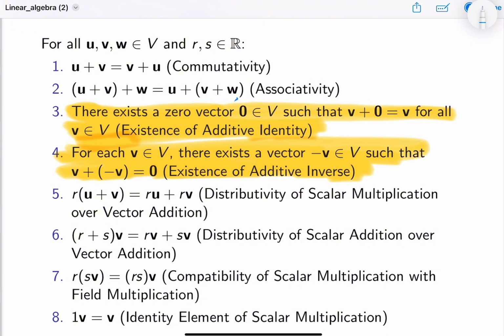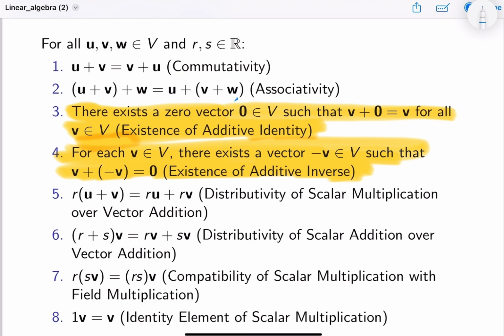The axioms are these 8 axioms, and I'll leave it for you to read over these, but I want to remind you of the two that I said are the important ones to start checking, because these will determine whether or not a candidate is a vector space.